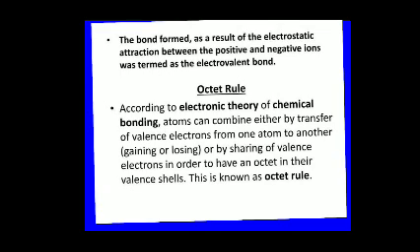So, according to the electronic theory of valency, the atom must get 8 electrons in its valency shell by the transfer of electrons or sharing of electrons between the atoms to get stability. This electronic theory of valence was given by Kossel and Lewis.